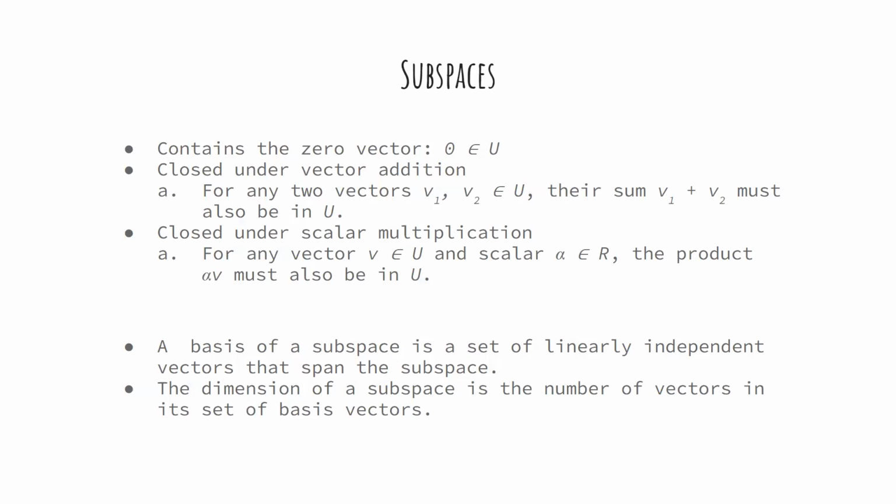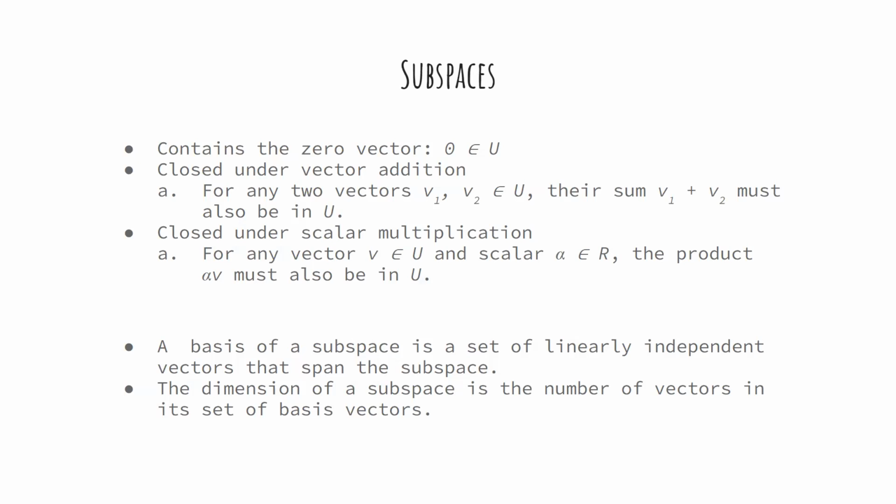Okay, so the next concept has to do with subspaces. A subspace is essentially a little subset of a vector space. So a subspace contains the 0 vector, and it is closed under vector addition and closed under scalar multiplication, which should sound familiar from the previous slide.